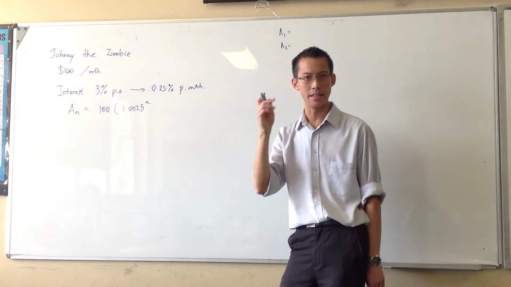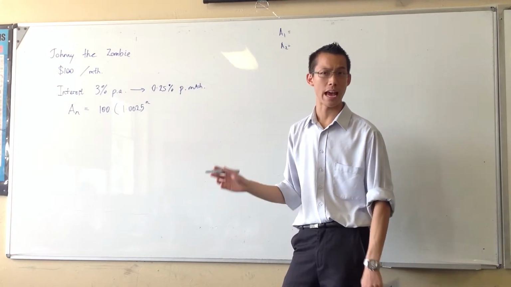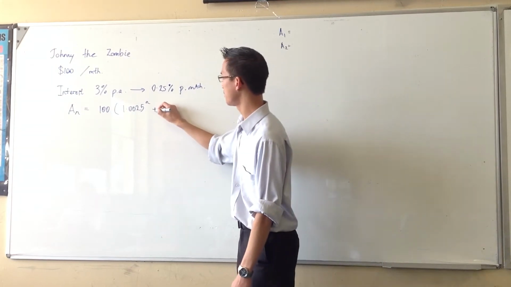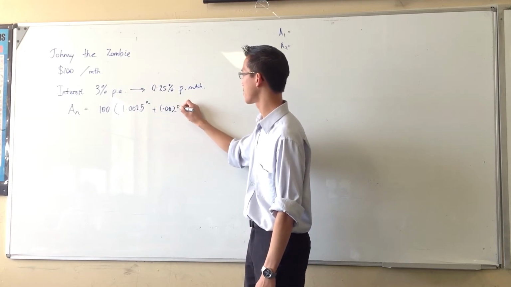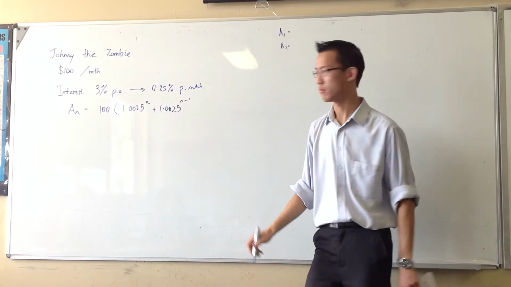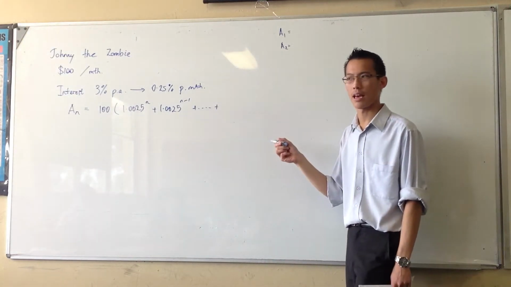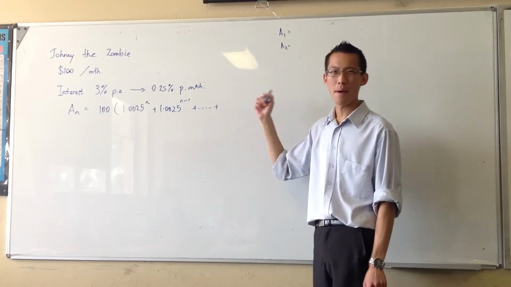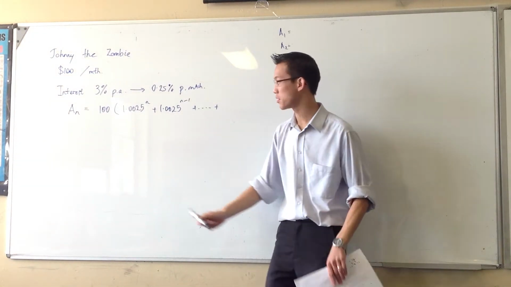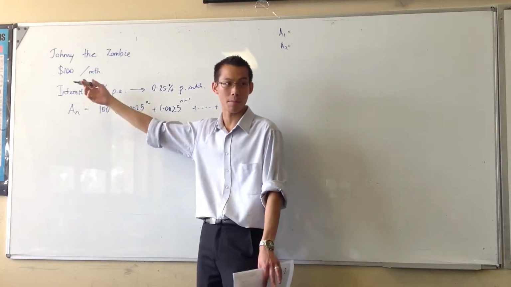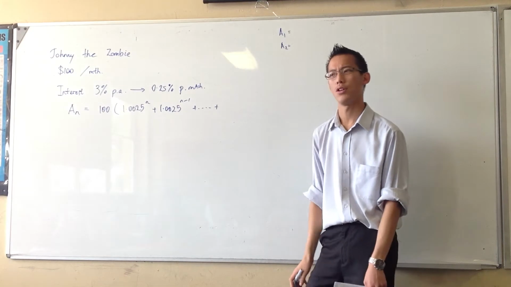So just thinking about it, this is the first lot of $100 and how much interest it's got. The next one is going to have one less, so it'll be n minus 1, and so on until the end. Now, the last $100 he puts in, just before we take the nth amount, how much interest will it have on it?